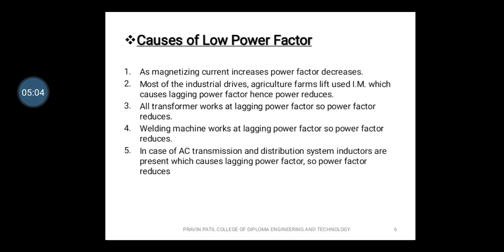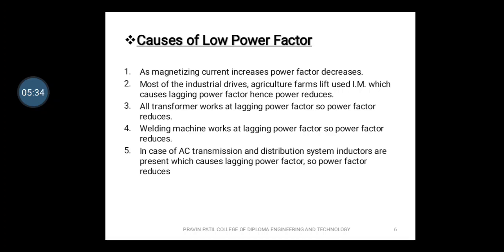Now the question is, what are the causes of low power factor? The main cause is magnetizing current. As magnetizing current increases, the power factor goes on decreasing. Most industrial drives, agricultural drives and elevators use induction motors, that means inductive load, which causes lagging power factor. Hence, power factor reduces.